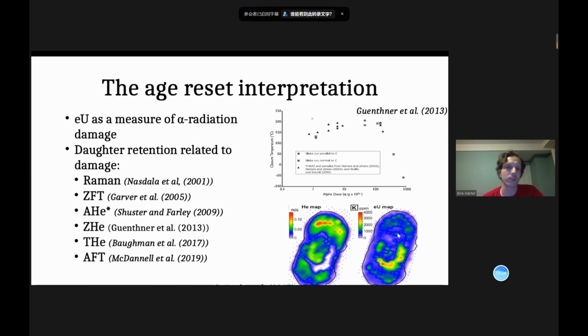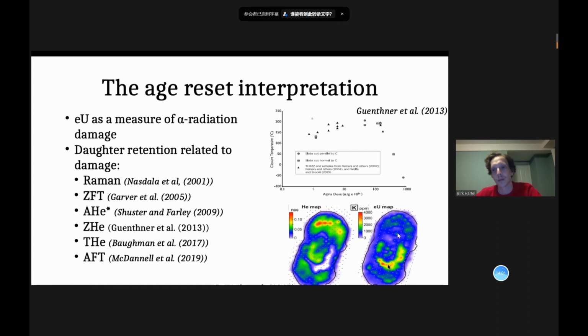A pretty similar observation was made by Danišík and others, and you can see it down here. They mapped zircon grains and looked at the effective uranium and the distribution of helium within those grains. I only want to focus your attention on this zone in the right map, which has a yellow-reddish color, indicating very high amounts of effective uranium, in the thousands of ppm.